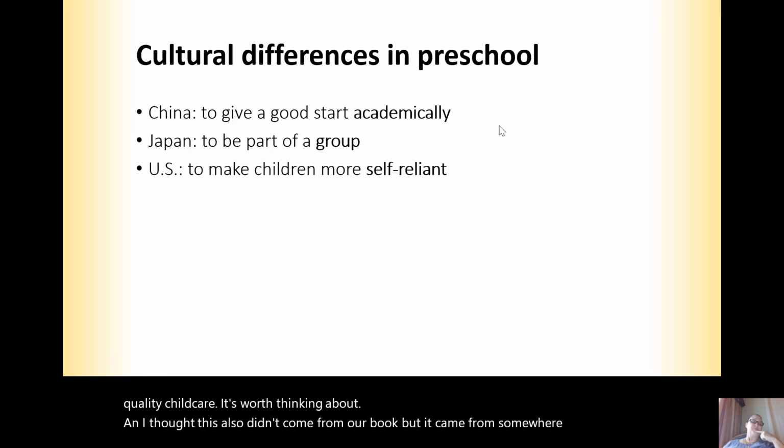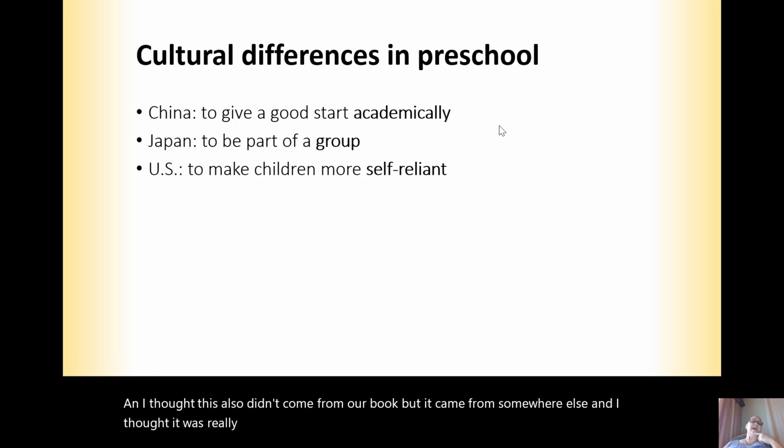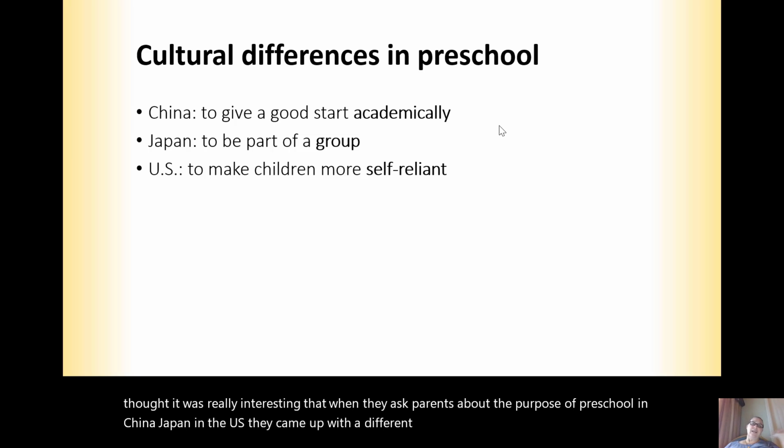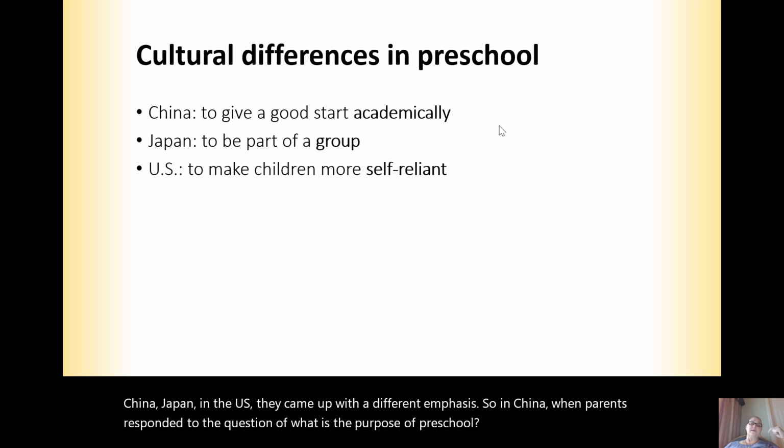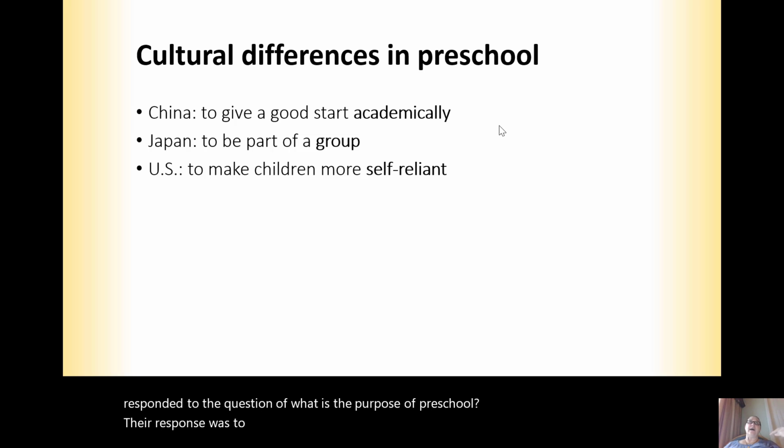I thought this also didn't come from our book, but it came from somewhere else. And I thought it was really interesting that when they asked parents about the purpose of preschool in China, Japan, and the US, they came up with a different emphasis. So in China, when parents responded to the question of what is the purpose of preschool, their response was to give a good start academically. That's the purpose.